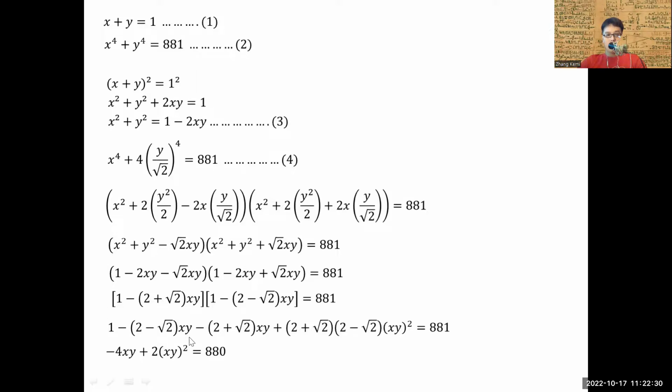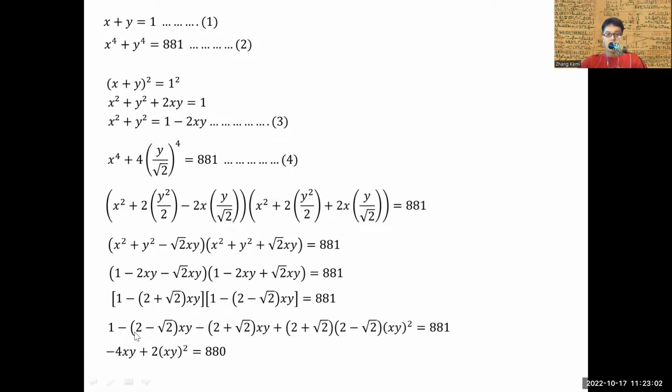So 2 + 2, which is 4, and −√2 + √2, which is 0. So over here, we have −4xy. And over here, based on the difference of two squares, (2 + √2)(2 − √2) gives you 2² − (√2)², which is 4 − 2, which is 2, times (xy)², which equals 880 now.